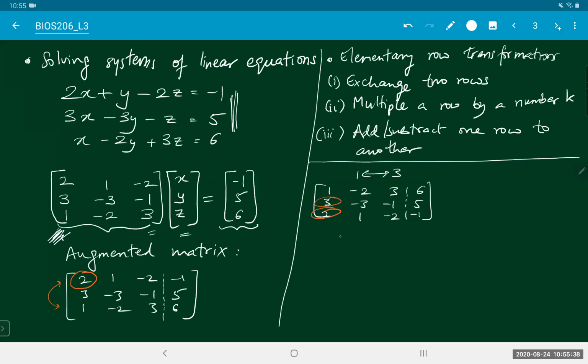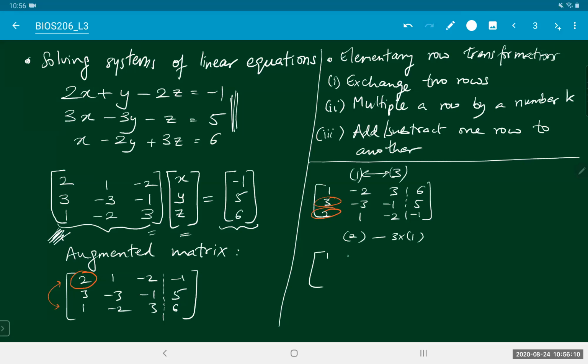Since I can always multiply a row by a constant, and I can always add and subtract rows from one another, suppose from the second row, I subtract 3 times the first row, because then this 3 over here will become 0.